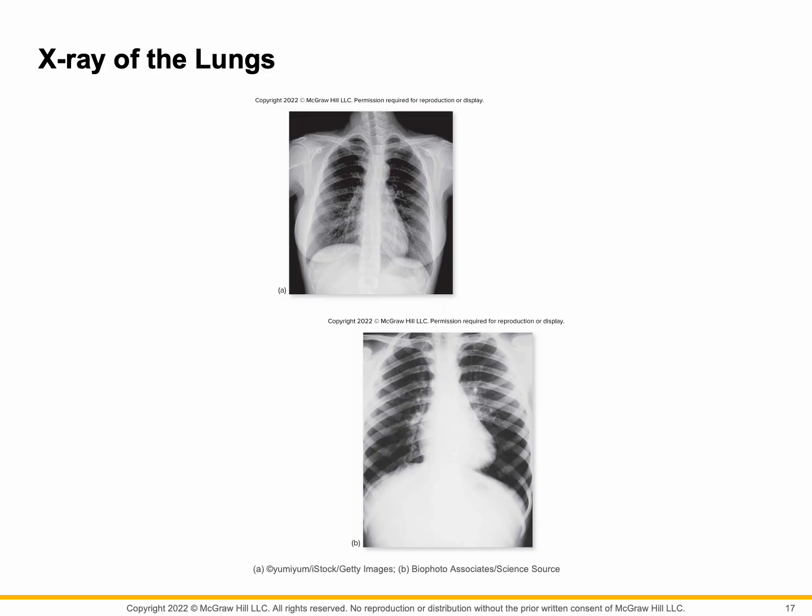You can see the apex of the lungs on the top there. You can see the mediastinum and the heart, as well as the esophagus in the center between the two lungs. And the ribs that border the outside of the lungs are visible here in that white ghost shadow.